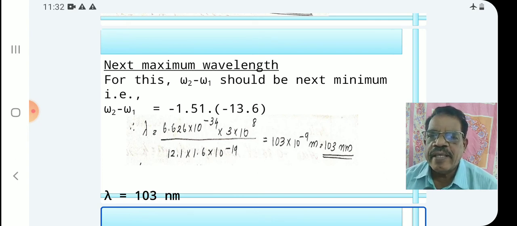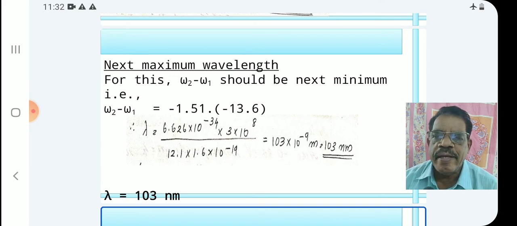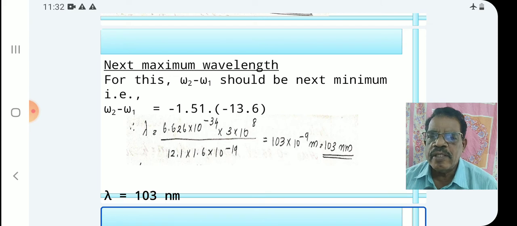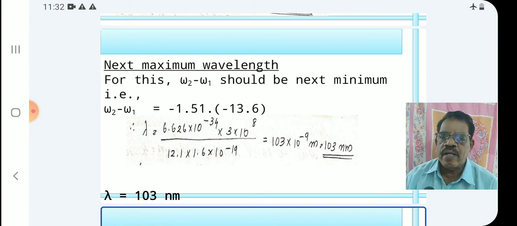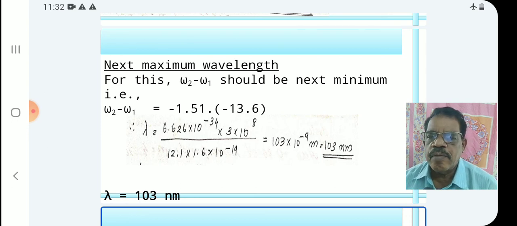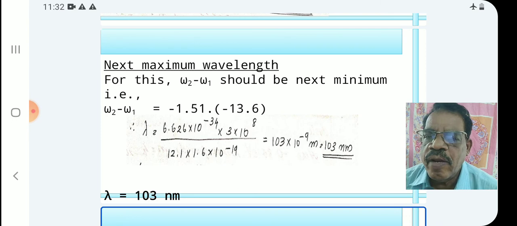So for the next maximum wavelength, W2 minus W1 should be the next minimum. That is -1.51 minus of -13.6. We calculate it. It will become 12.1 eV.